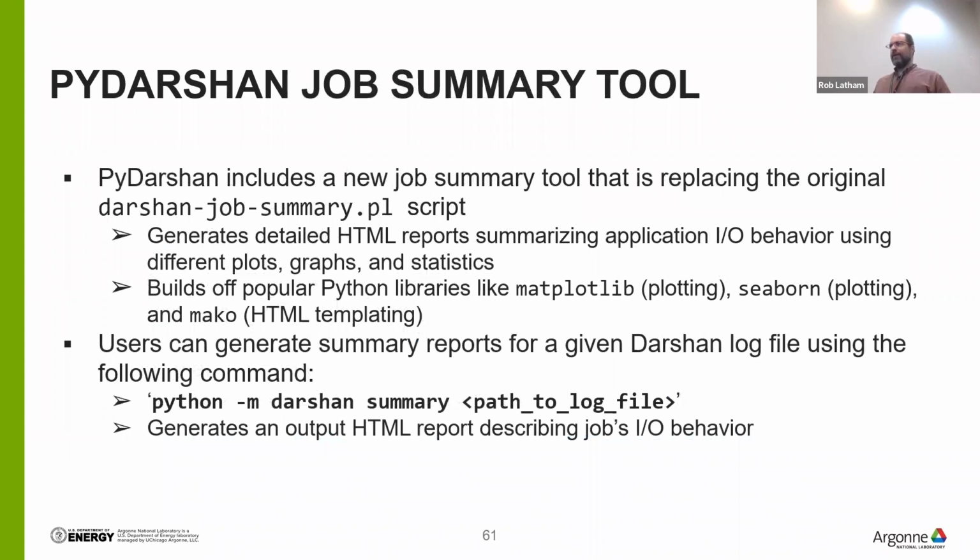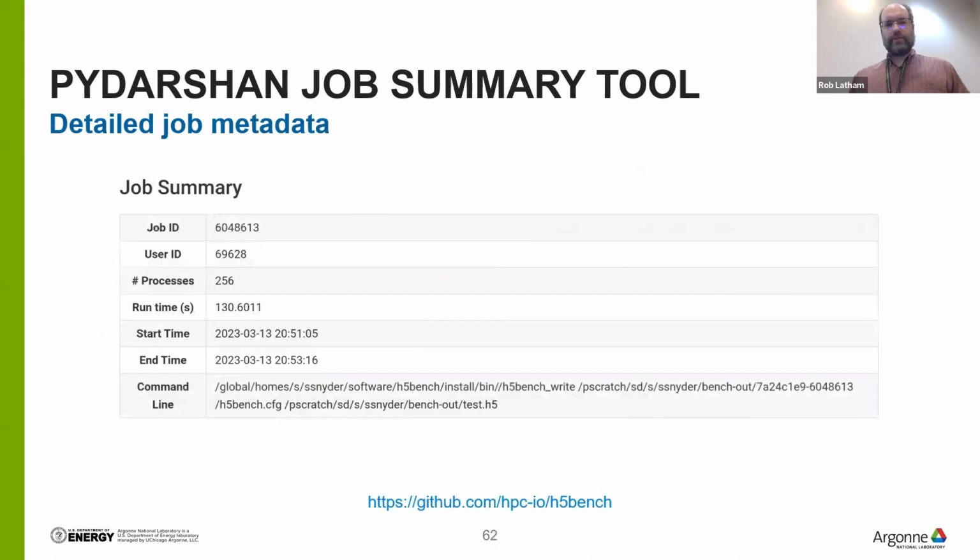We had this Perl-based script that generated a PDF. Now we use Python and the summary tool to generate a report that looks a little more modern and has a little more information. So again, walking through, what does the job summary tell us? It records the job ID, the number the job scheduler assigned to this job.